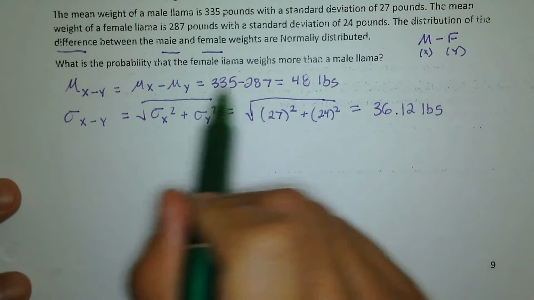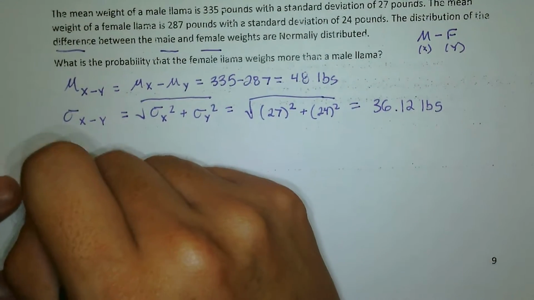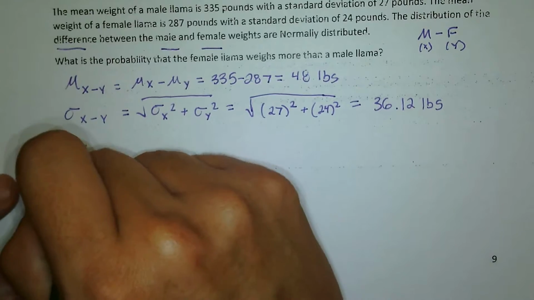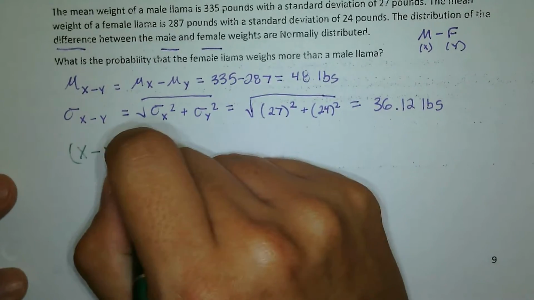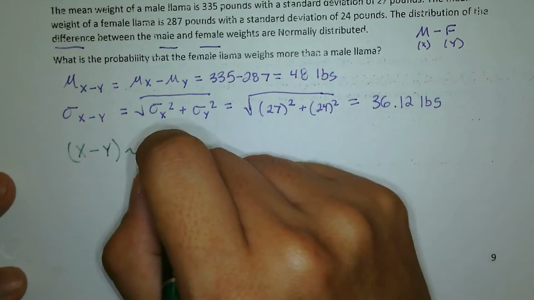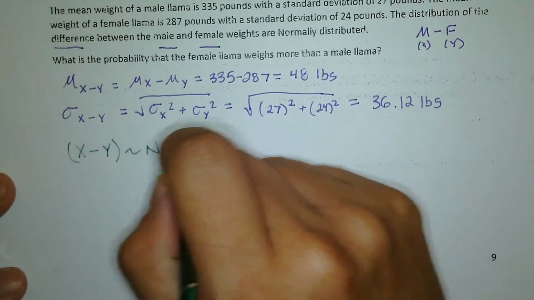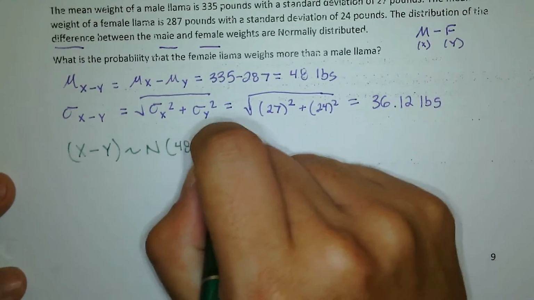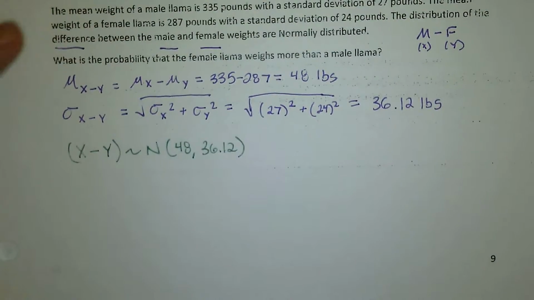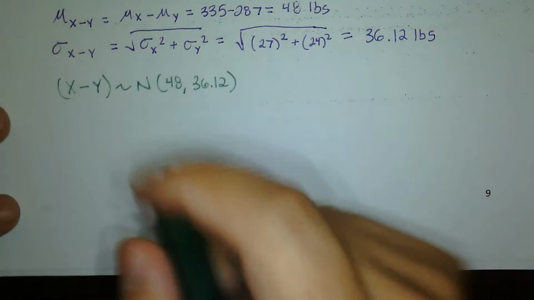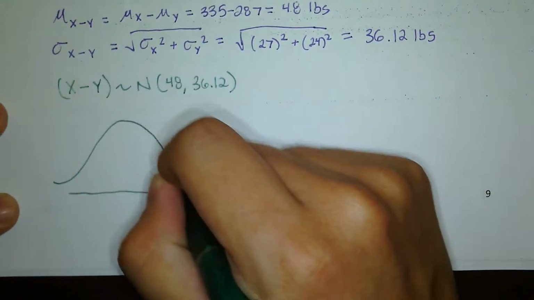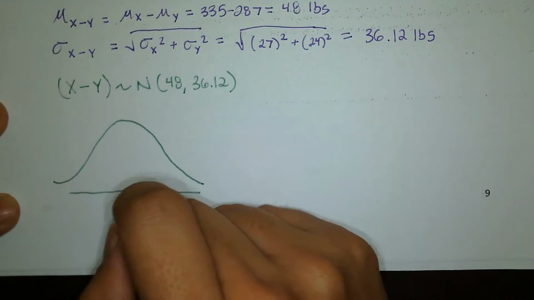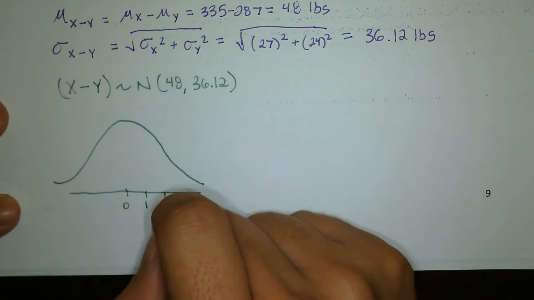We know that we're looking at the weights here, and so the distribution of x minus y is going to be distributed normally with a mu of 48 and a sigma of 36.12. Now, based on that, I can draw a picture of the situation. So I'm going to go ahead and draw in our normal curve here of the differences. I standardize this each time.